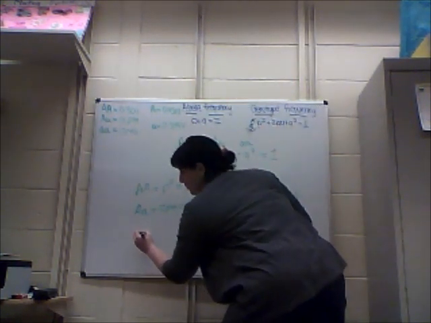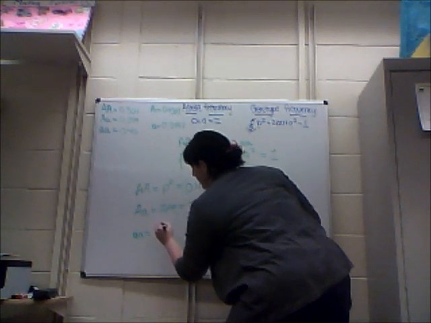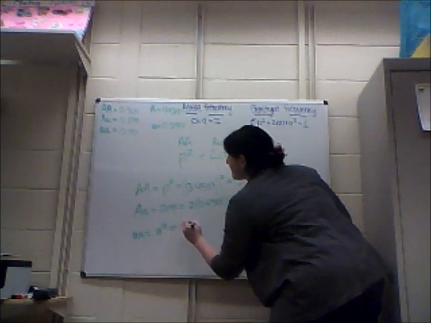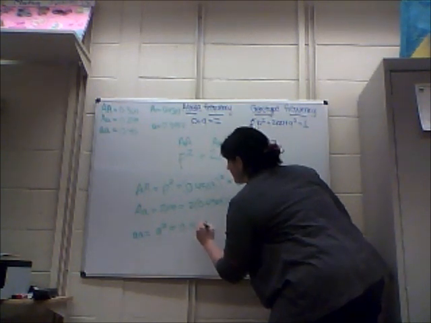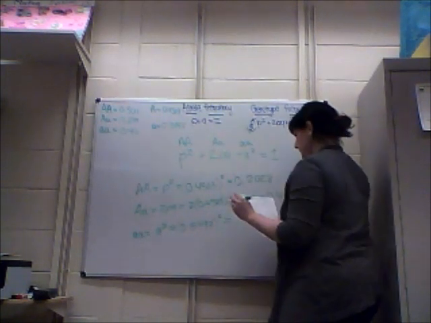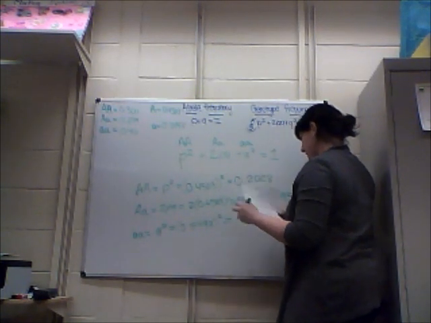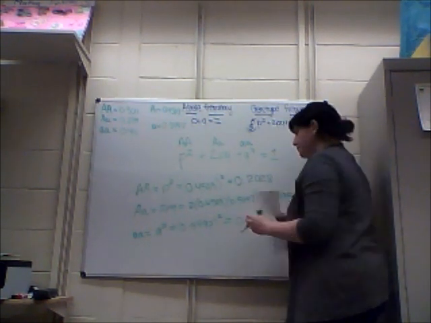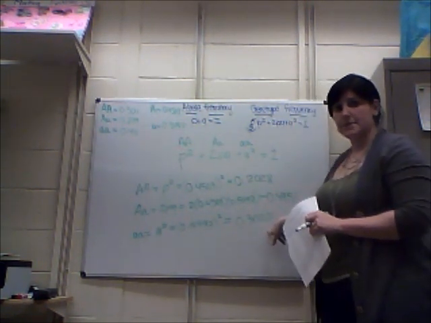And then what's left? Homozygote recessive. Q squared. And that's our homozygote recessive.